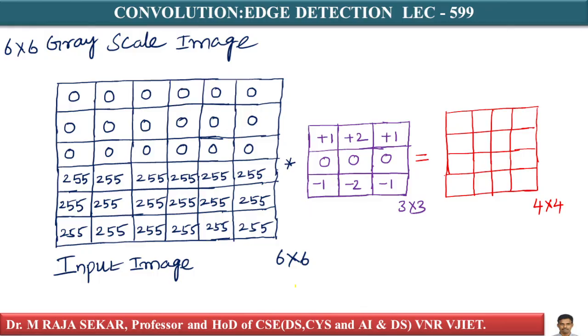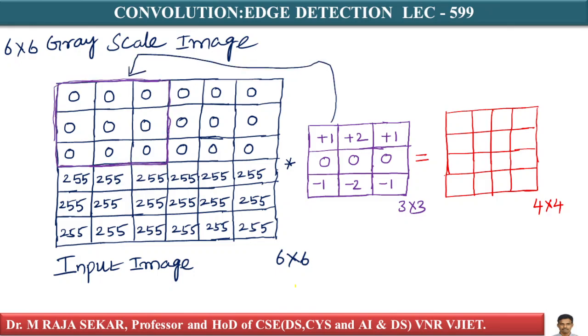First, this is my kernel matrix. The 3 by 3 matrix is my kernel or filter, and my input matrix is 6 by 6. I will first place this 3 by 3 kernel matrix on top of my input matrix.